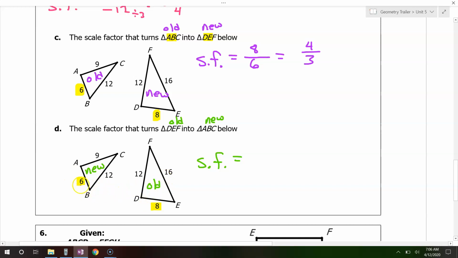But when we do new over old, this time we're going to do 6 over 8 instead of 8 over 6. So that's going to give us 3 over 4. So if all they do is reverse which one is new and which one is old, that just causes the scale factor to be the reciprocal of whatever it was. It's just going to be upside down.